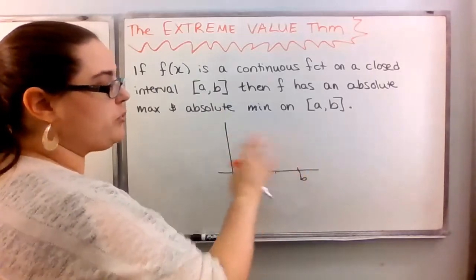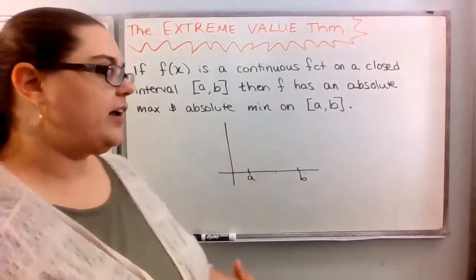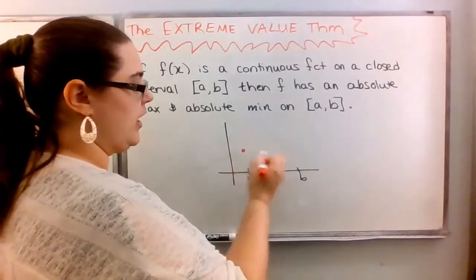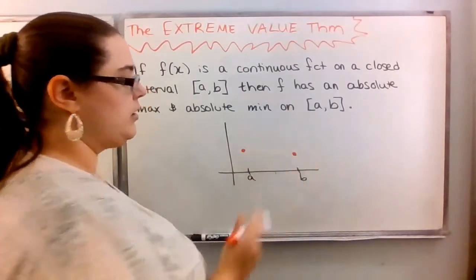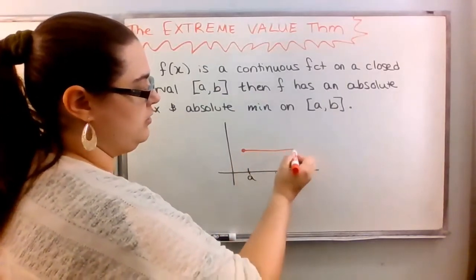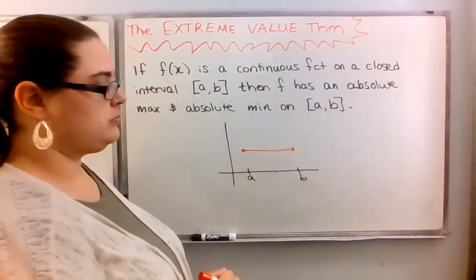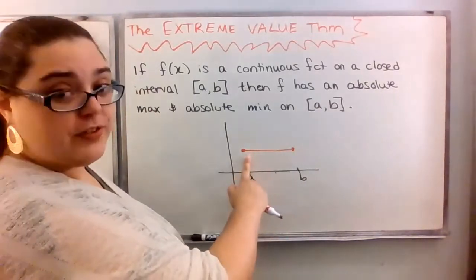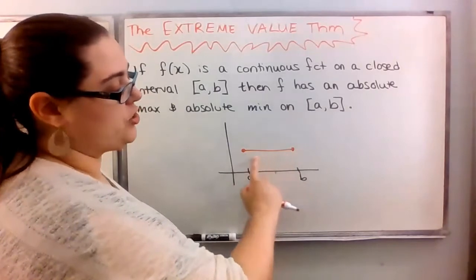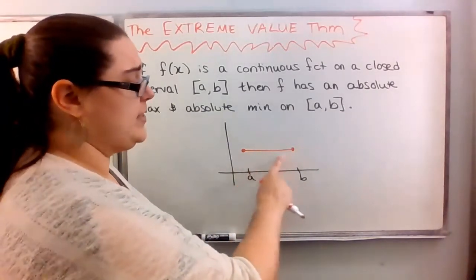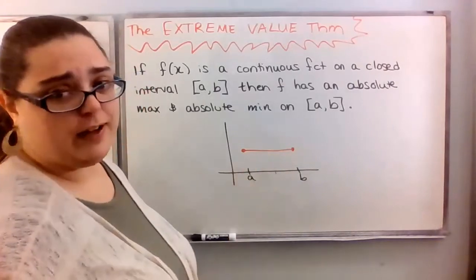If you were to try and disprove this theorem, you want to find a function that has a point at A and a point at B. Maybe if I have a horizontal line. But that's not going to work either, because in the previous video, we saw that when you have a constant function, it's both a max and a min. So here our absolute max is our absolute min, whatever that y value happens to be.